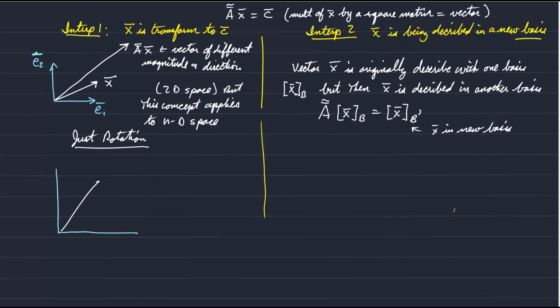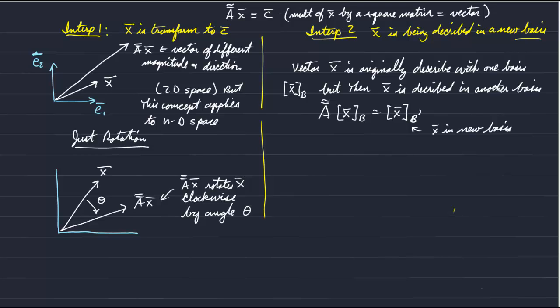So x is originally here, and we could transform x by just rotating it clockwise by angle theta. And that could be done by multiplying it by the appropriate matrix. So in this case, Ax rotates x clockwise by angle theta.